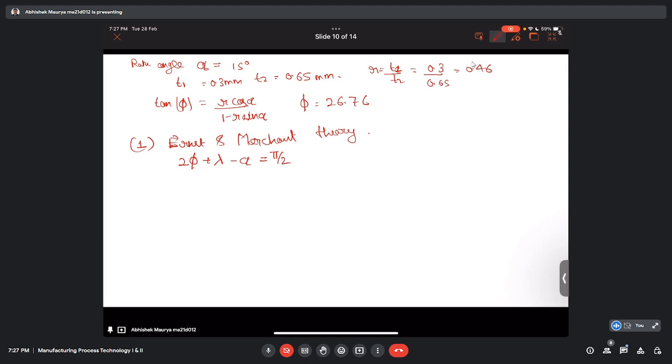We have phi, we have alpha, and the only unknown is lambda. Lambda is the friction angle, and it is defined by lambda equal to tan inverse F by N.